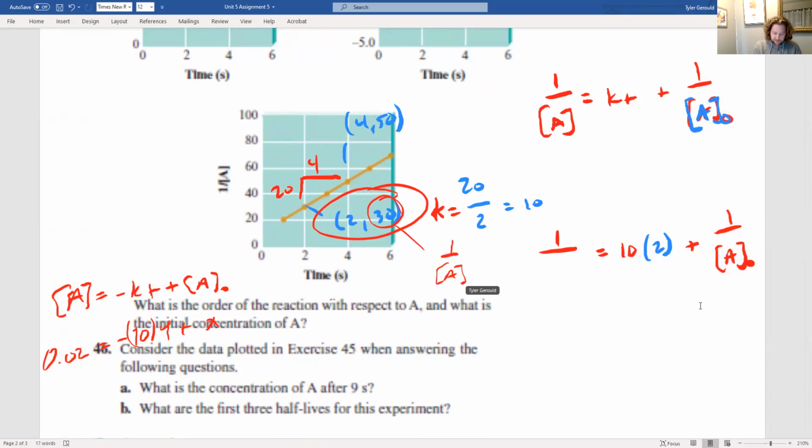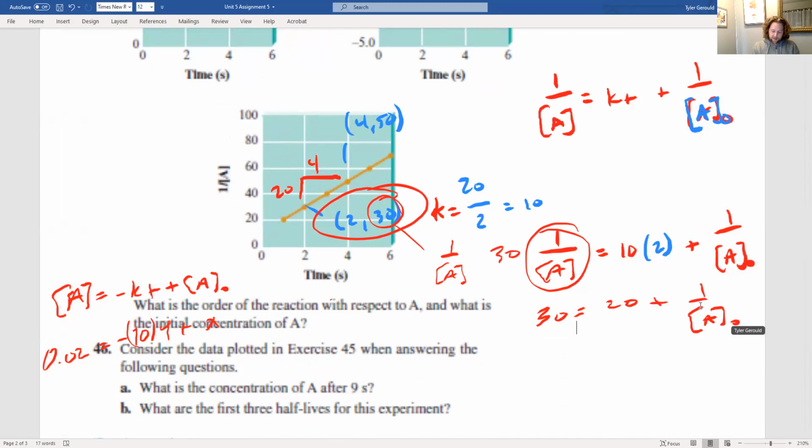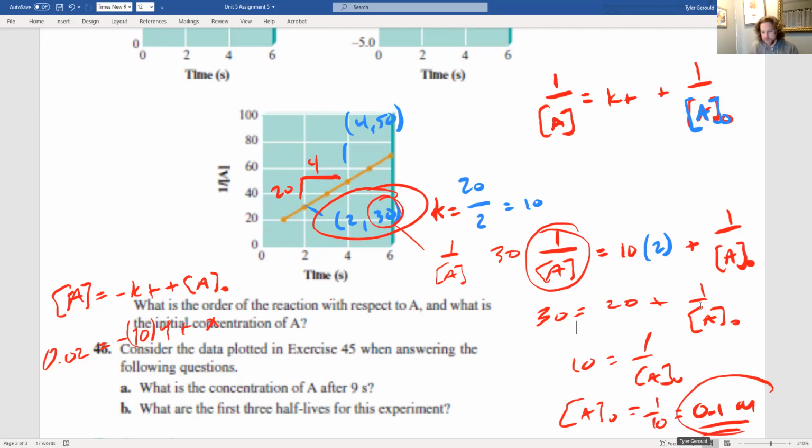So when the substitution asks for 1 over the concentration, we're going to replace this entire thing with 30. So it should be 30 equals 20 plus 1 over the concentration. So we get 10. And when we solve for the concentration and inverse 1 over 10, we get 0.1, which is the initial concentration there.